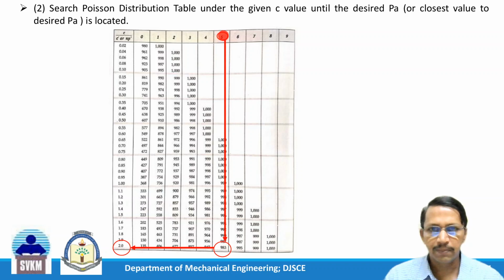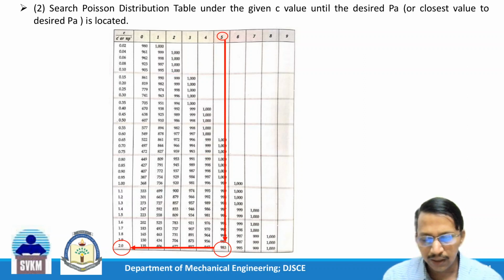Now for our plan, the C value is 5. So under this 5, you go on referring this probability of acceptance. First probability required is 98%, or 0.98. So go on moving around this, so you will see that the nearest value attainable is 0.983. This is multiplied by 1000, so actual value is 0.983.